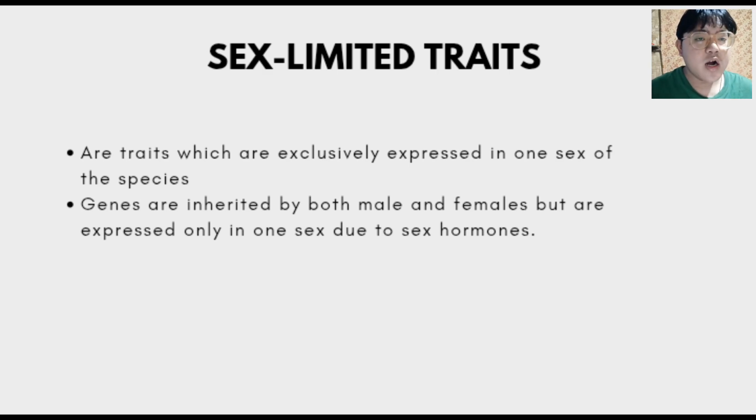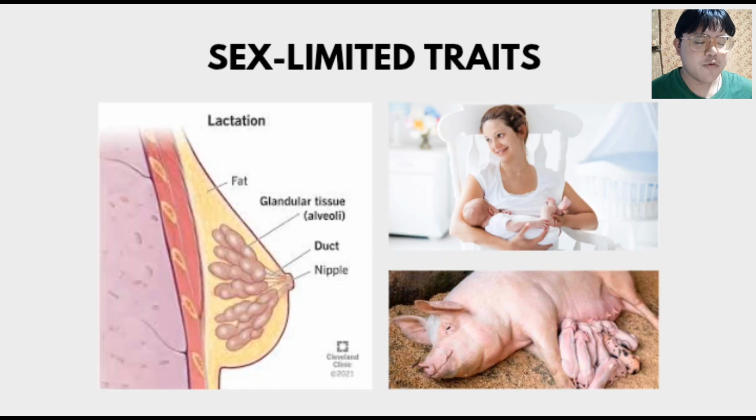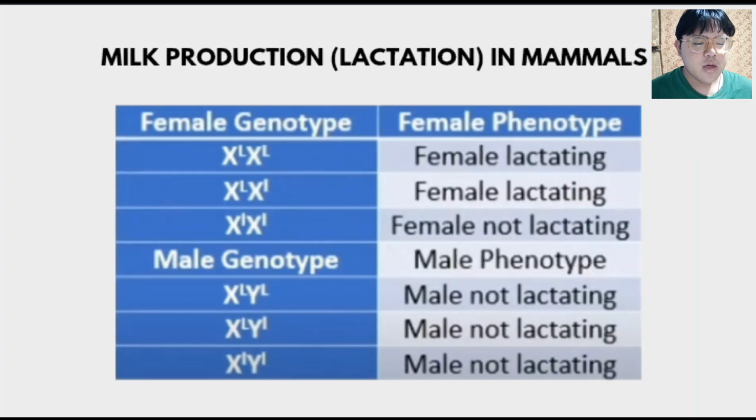So what are examples of these sex-limited traits? We have in males the beard, or bungot, and for females and other mammals, lactation. We all know that only females express lactation, okay? So now, here are some of the female genotypes and male genotypes when it comes to lactation.